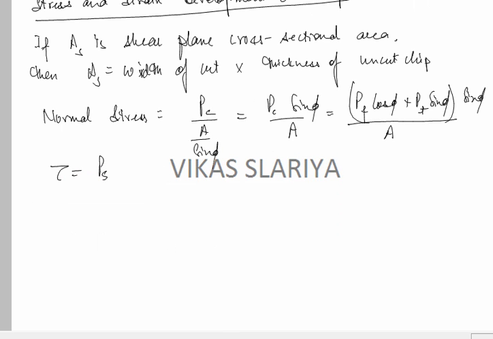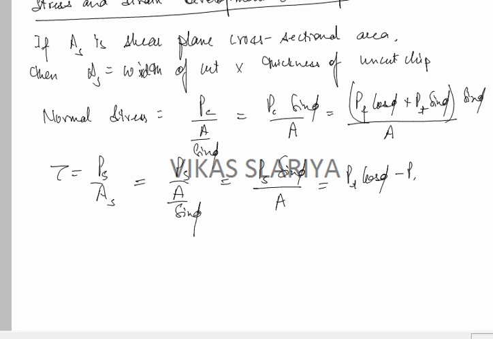Shear stress can be expressed as PS by AS. It is equal to PS by A by sine phi, equal to PS sine phi by A. Again equal to PT cos phi minus PF sine phi into sine phi by area.